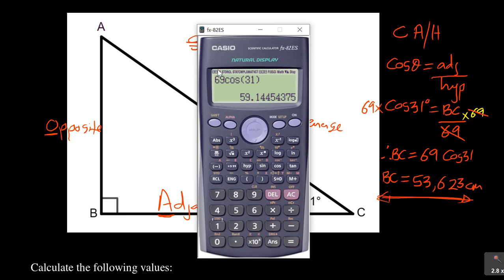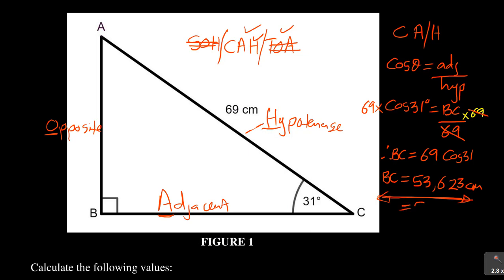I think that is where the error was made, because 69 cos 31 is actually giving me 59.11445. If I round that to 3 decimal places, it is 59.145. That is my BC.